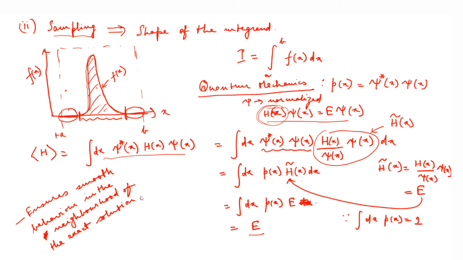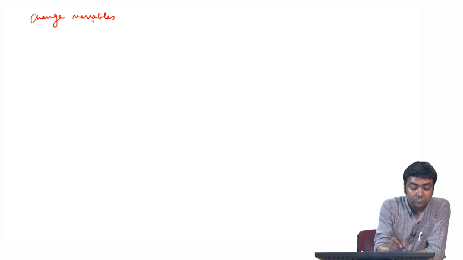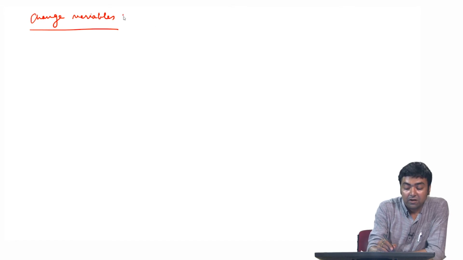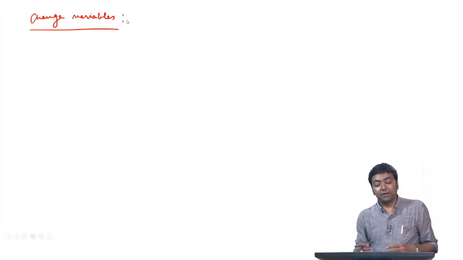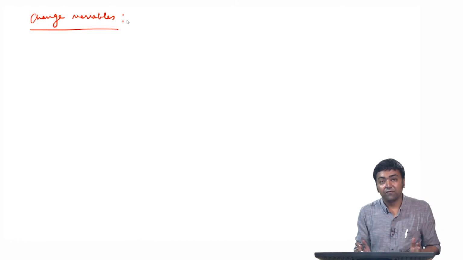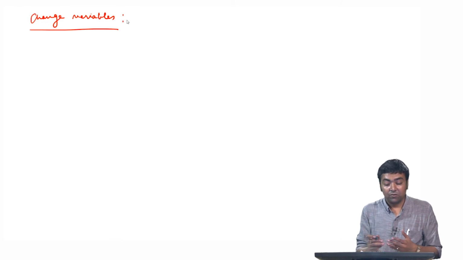Okay, so with this brief idea about the change of variables and the improvement of sampling, let us come back to the change of variables. We will now talk a bit more about how one can do change of variables. We will see some examples of how you can change your variable and go from one type of distribution to another.